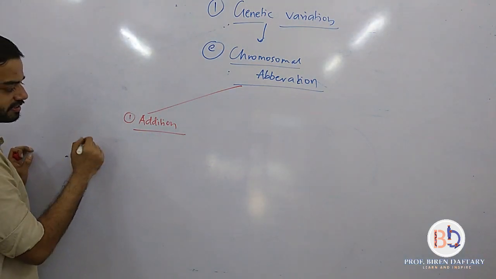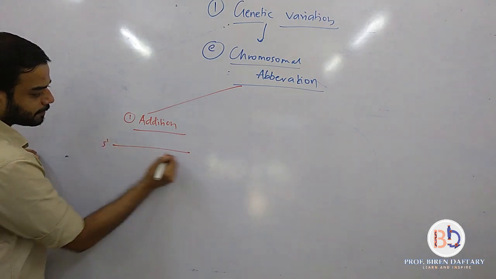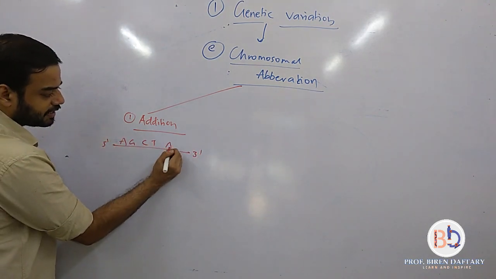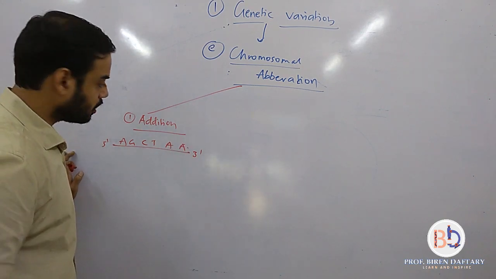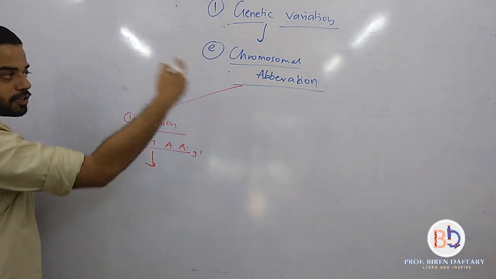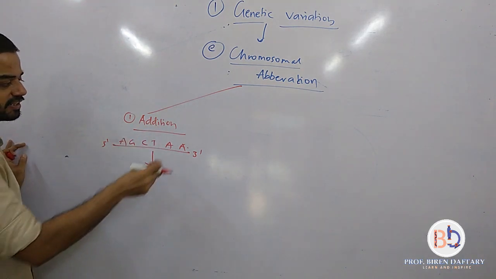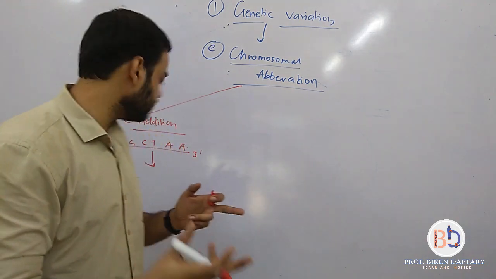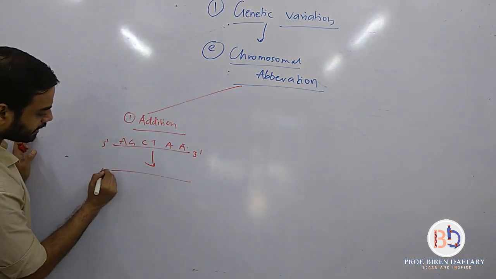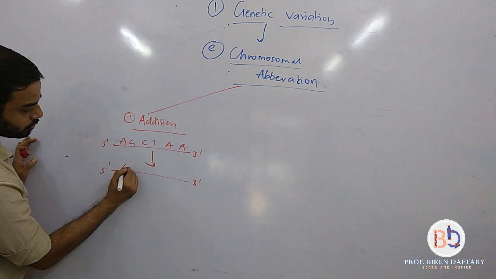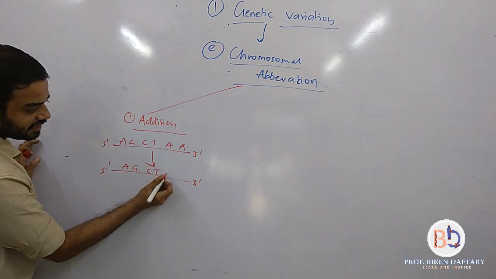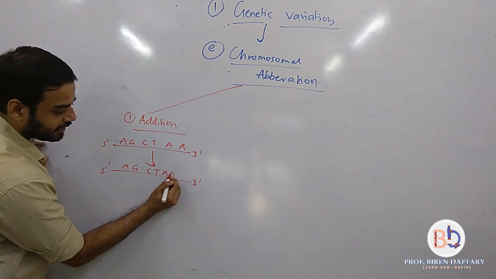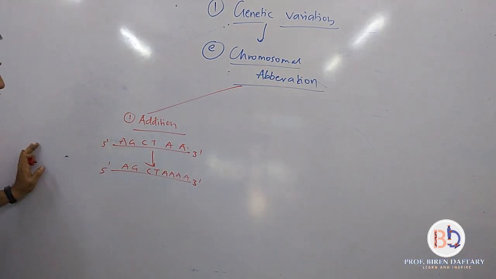Okay, so the original sequence I am writing 5' to 3' A G C T A A. Now what happens after chromosomal aberration in addition is, in this nucleotide sequence anywhere an extra nucleotide will be added. For example, if I make this sequence into A G C T, now between this T and A I am adding another A, so it will become A. Is this clear?